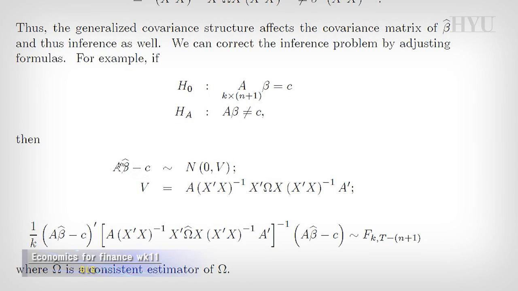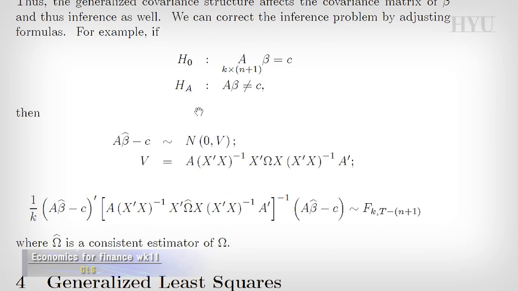Therefore, if we pre-multiply this term by the inverse of the variance covariance matrix and divide by the number of restrictions, which is k, then this will have an F distribution. So by checking this F distribution, you can test whether this null hypothesis holds or not.